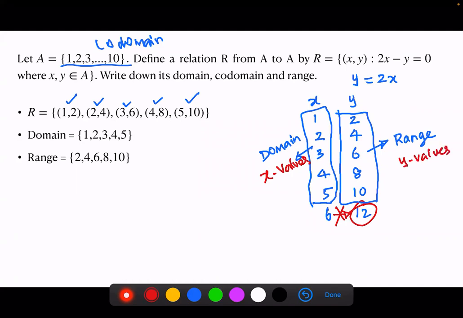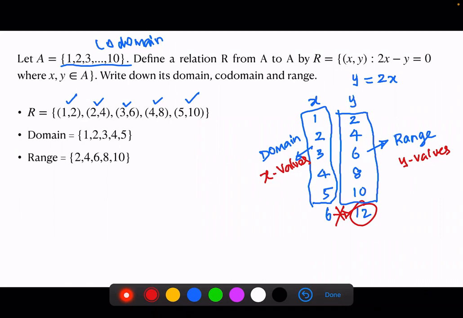range. And usually not all y values are connected with x values. So your codomain may contain a few elements which are not connected. For example, in this case, which are not connected?